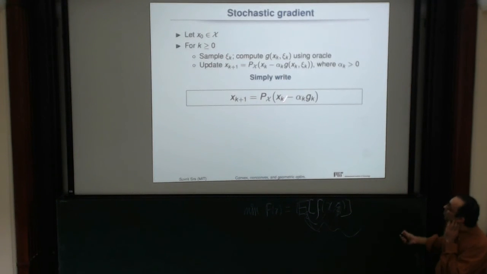But the analysis of this is actually pretty much exactly the same analysis as I showed for the subgradient method. Just happily plug the E operator for expectation around everything, and at one point you will see, okay, I have to also assume that the subgradients that I generate are IID. That makes life simpler. And then the rest of the thing just works out.